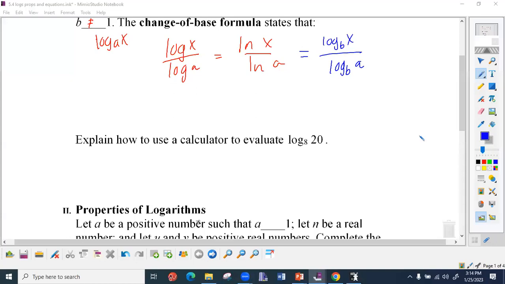If I have a scientific calculator, not a graphing calculator, in order to calculate log base 8 of 20, I would put in log of 20 divided by log of 8, and it would give me the value 1.44.